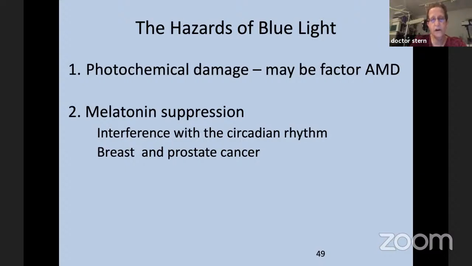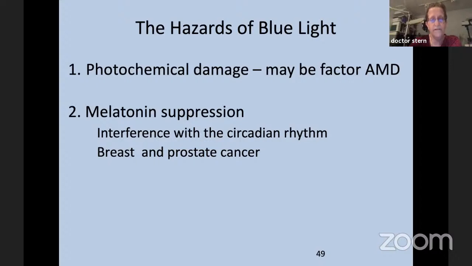And we also know that blue light suppresses melatonin. Well, that's important early in the day because we want to stay awake. But if you're in front of a device, for example, that is giving off a lot of blue light that is in the range of melatonin suppression, then it can be a problem because it may affect your sleep-wake cycle.